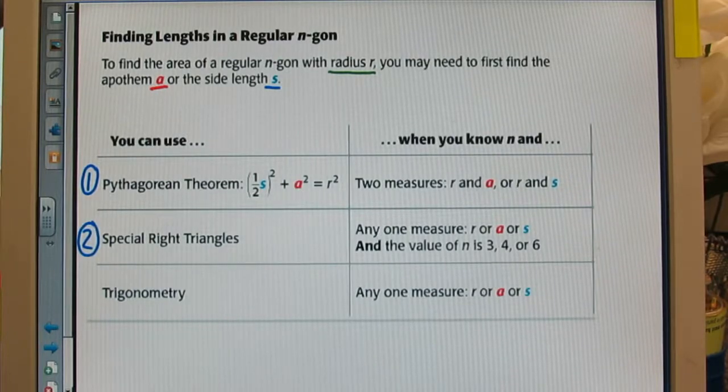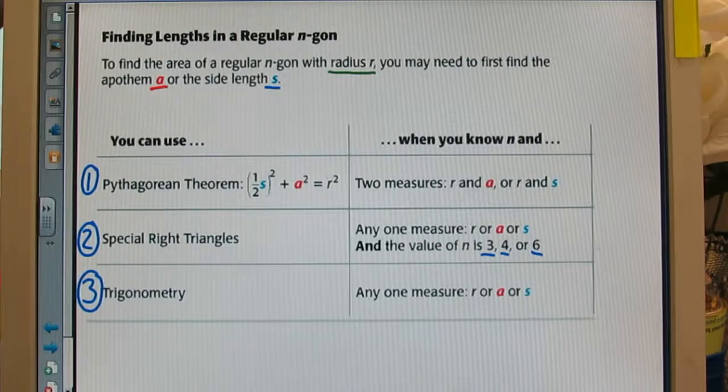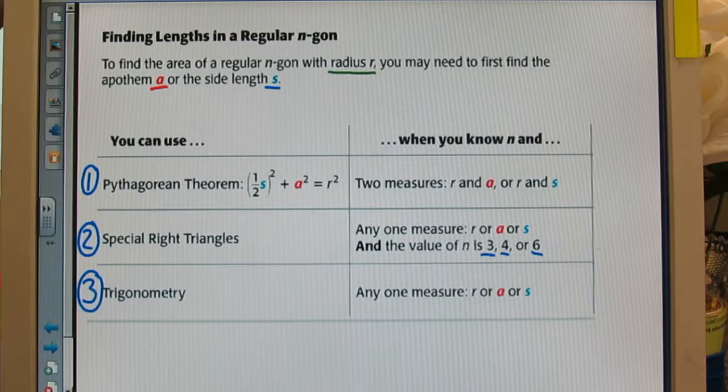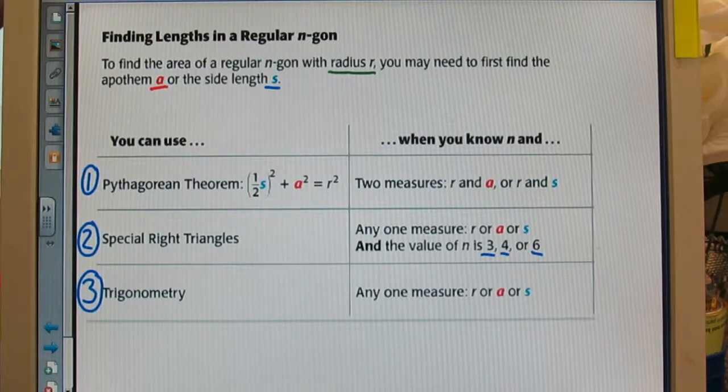So if I have any one measure of r, a, or s and the value of n is 3, 4, or 6, so they're letting you know it's only going to work if it's a triangle, a quadrilateral, or a hexagon. And my third option is to use trigonometry. And that's if I have any one measure, r or a or s, because I can always find the measure of that central angle, and I can always find the measure of 1/2 the central angle.